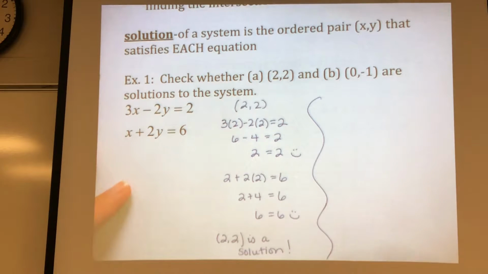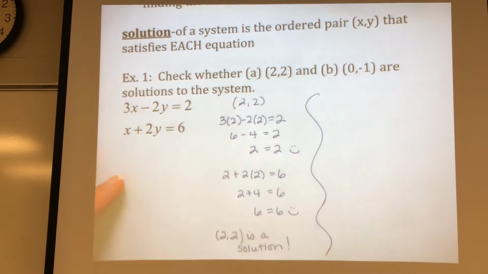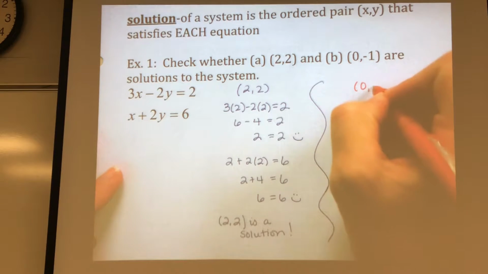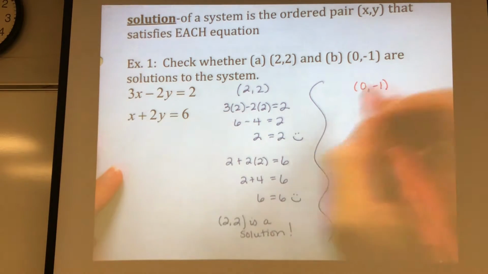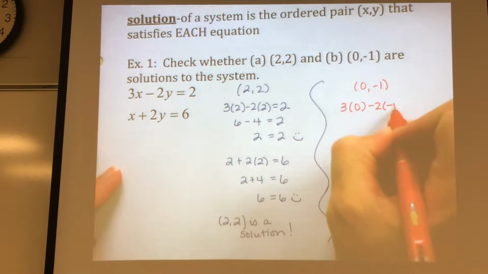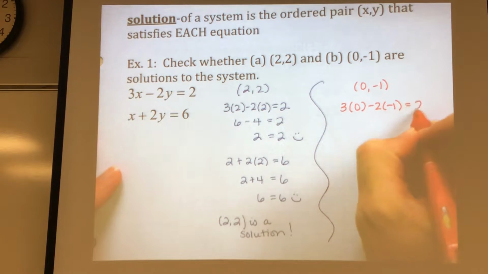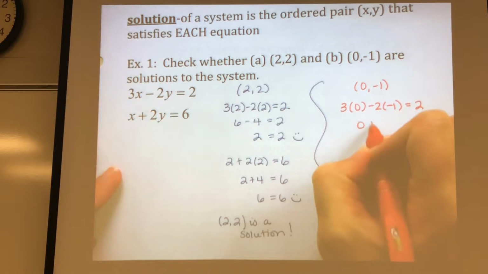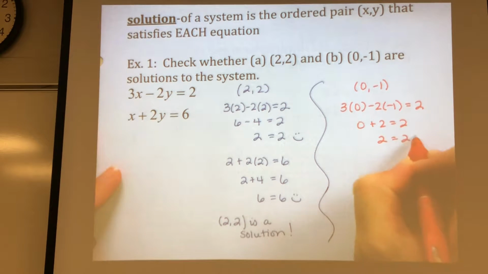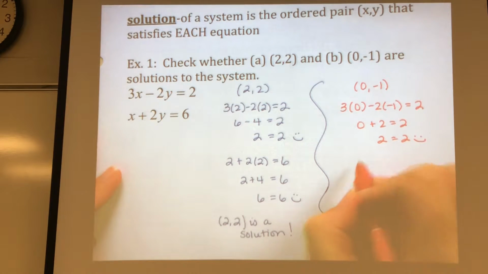All right, now let's check to see if 0, 1 is also a solution. I'm sorry, 0, negative 1. So we'll substitute 0 in for x and negative 1 in for y. And we get 0 plus 2. All right, so it works in that first equation, that's good, but we have to double check, make sure it works in both.